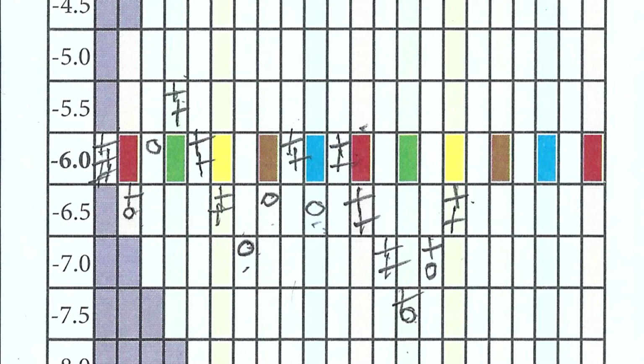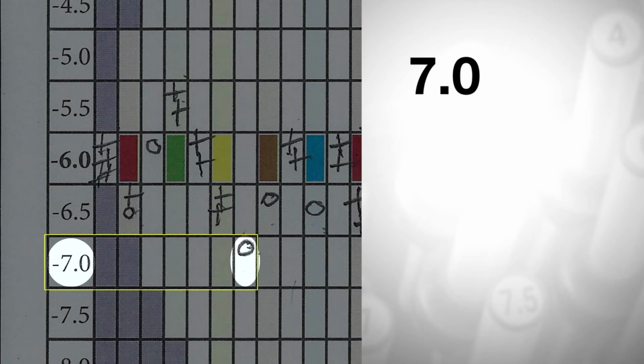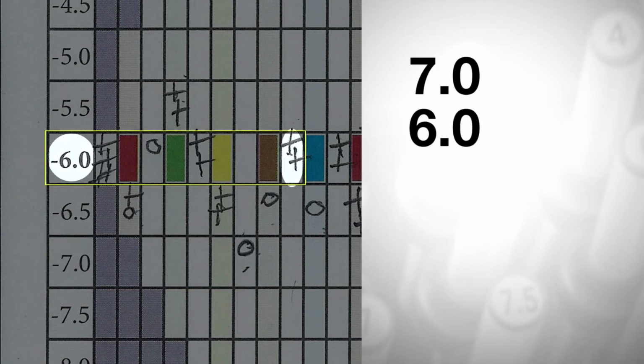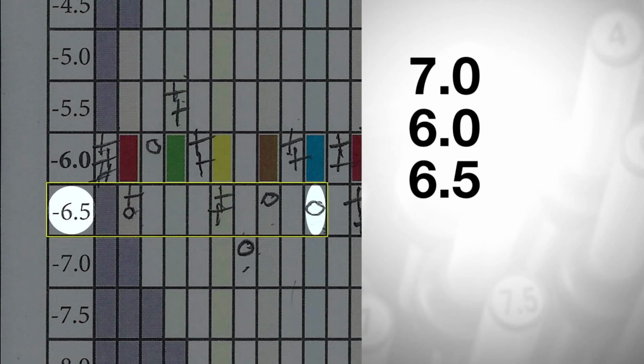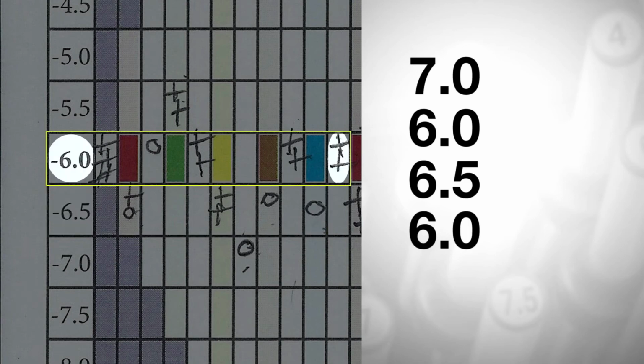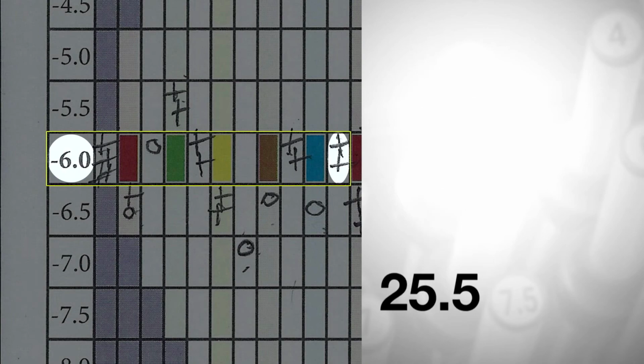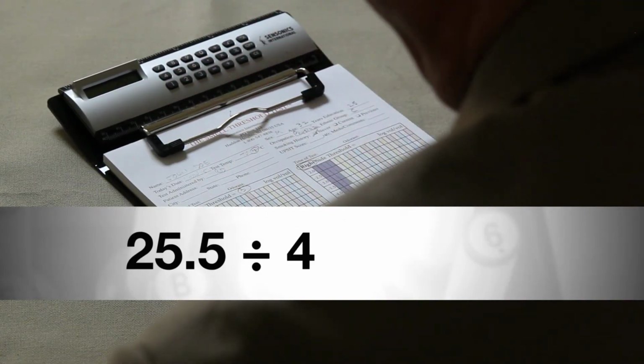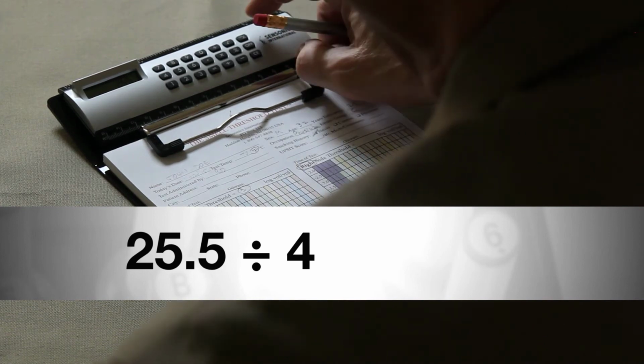And there's a nice calculator right on the clipboard. So we'll put in 7. We'll add that to the next reversal, which is 6. Add that to the 6.5. And then add that to the 4th one, which is 6. And then we'll divide that value by 4, which is the average of those 4 reversals.